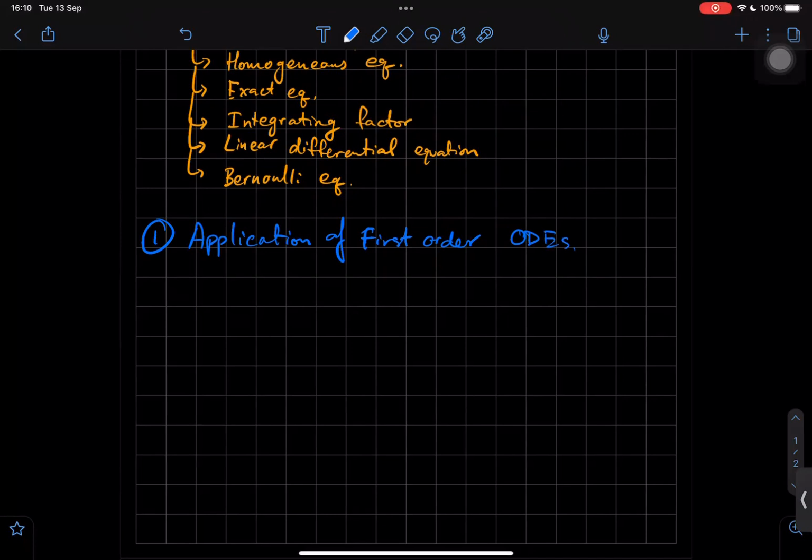In this, the application we focus have only two problems. Okay, one is called the heat problem, and the second one we call it the mixture problem.